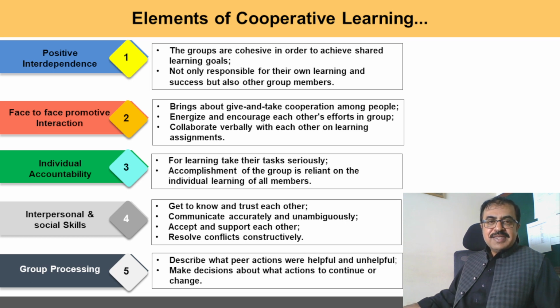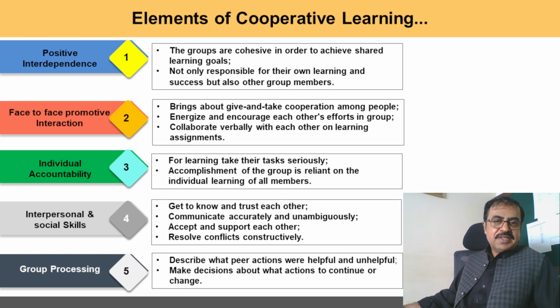The third element is individual accountability. For the common learning goal, the group members need to be very serious about the tasks assigned to them. Secondly, the accomplishment of a group is reliant on the individual learning of all members. The accomplishment of a group is reliant, means it is dependent on the individual learning of all members.